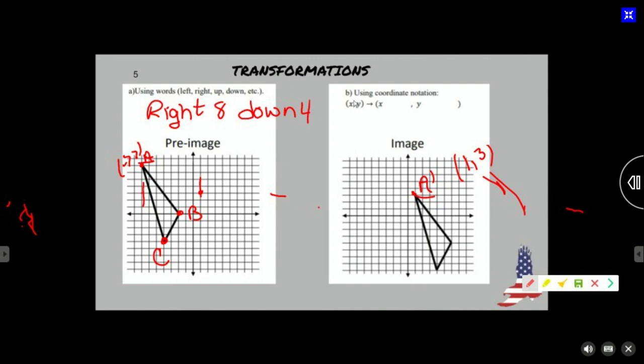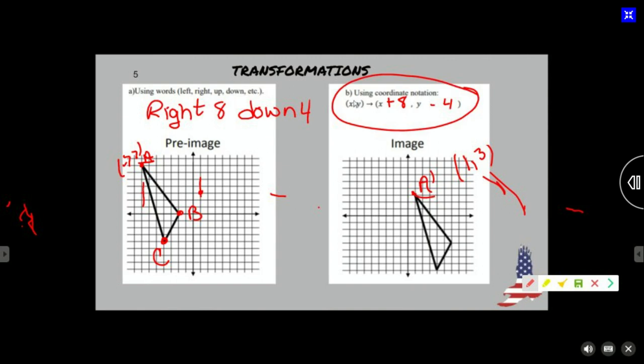So that's going to be x what? Plus 8. Down 4. Y minus 4. That's writing the rules. Okay? Problems where it says write the rules, that's what your answer is going to look like.